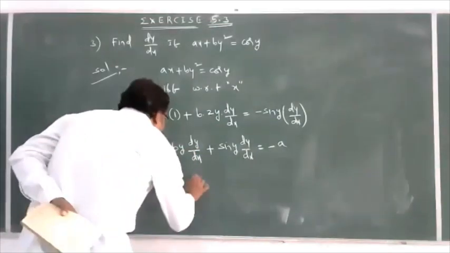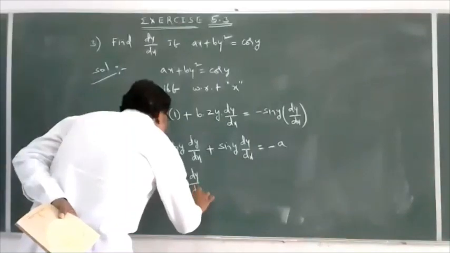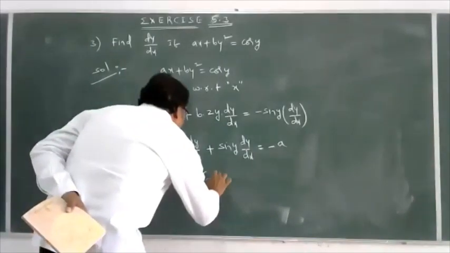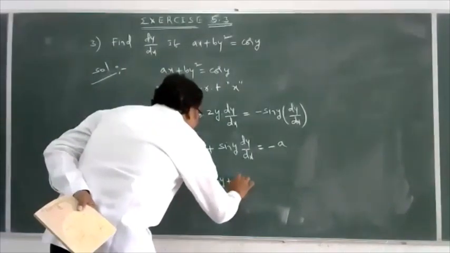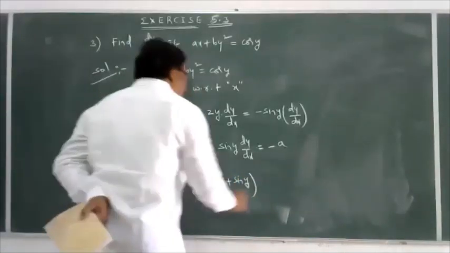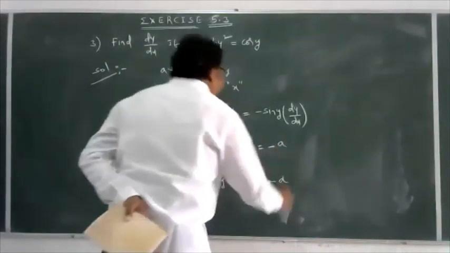Here you take dy by dx common. dy by dx into 2by plus sin y is equal to minus a.